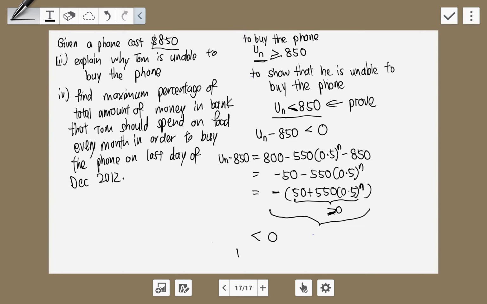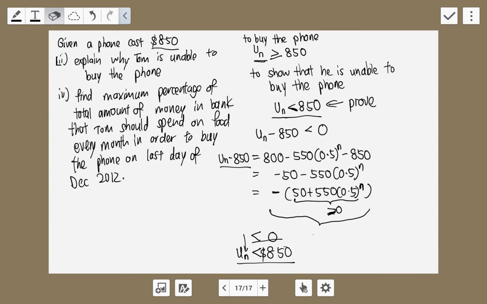Since that's the case, U_n minus 850 is smaller than 0, which means U_n is smaller than $850. It's always smaller for any n, because we did not state what n is here. So for any number of months, the amount of money in the last month will always be less than $850. That is why Tom is unable to buy the phone.